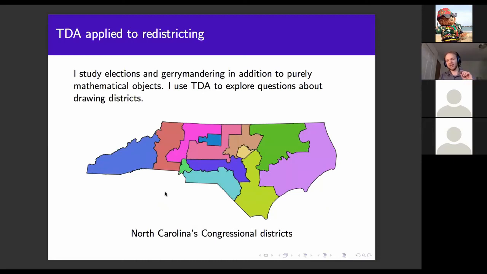And to be clear, they should only have one a decade if they're doing it right, because the other two got thrown out of court. If I showed you the other ones, you would be amazed at how ridiculous the shapes get. This line does weird things. And what TDA is able to do is nail down where exactly weird stuff is happening in these maps. That's one of the things that comes out of it.